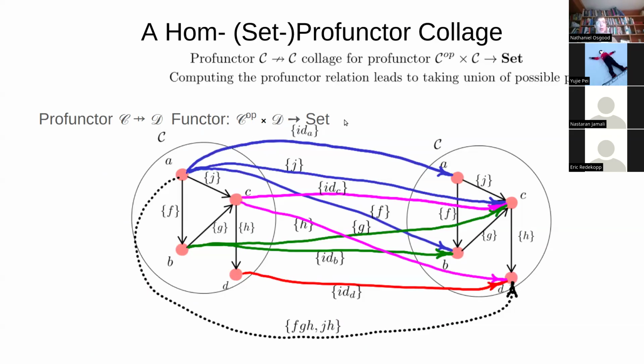So any pair of objects in C and D, here C and C, has some set of bridges between them, right? There's a bridge from B to C shown in green right there. So for any pair of objects here, and any pair of objects over here, there's a bridge, there's a path between them.